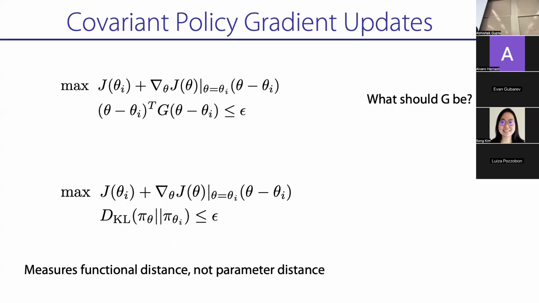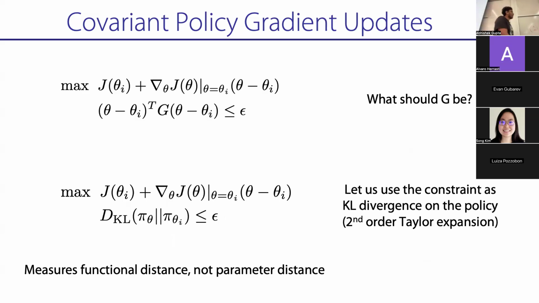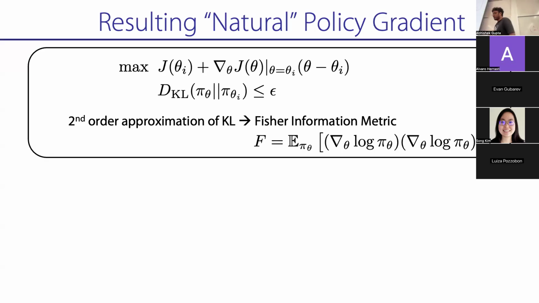Okay. So what we're going to do is change from the Euclidean norm to a G norm. We don't know what the G is, so let's try to write it in terms of a functional norm, right? So in terms of the KL divergence between pi theta and pi theta I. And then we're going to show that the second order Taylor approximation of the KL divergence corresponds to something called the Fisher information matrix.